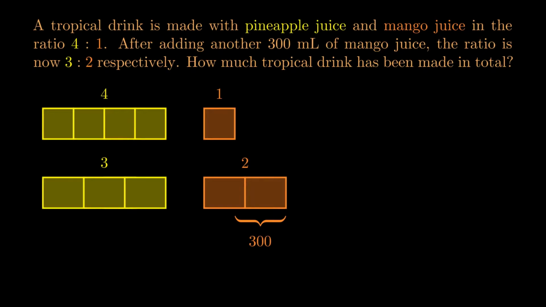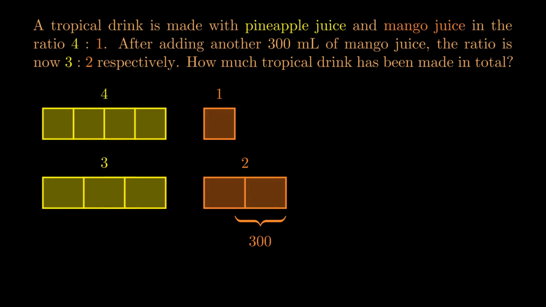What makes this problem a little tricky at first is that we might think the starting point is to work with the 300. After all, that's the only real quantity we've been given. But why that's not such a good idea is that you can see right now we have no relationship between this 300 and the bits in our ratios. And by the time we've drawn everything, we've kind of lost track of where 300 fits into the picture.